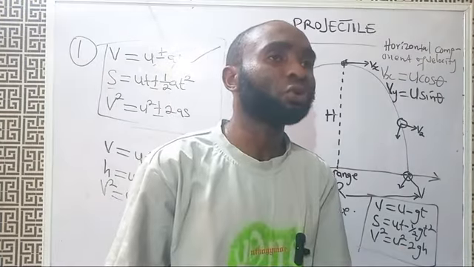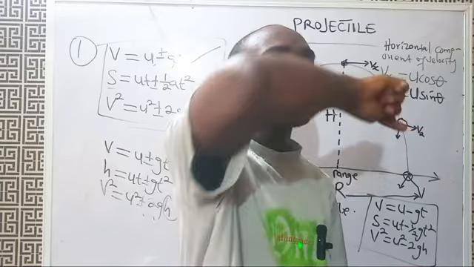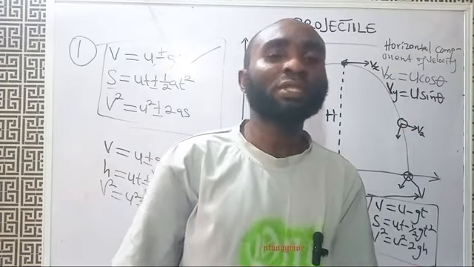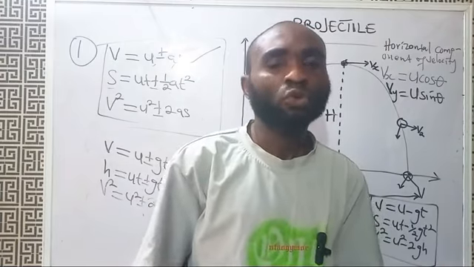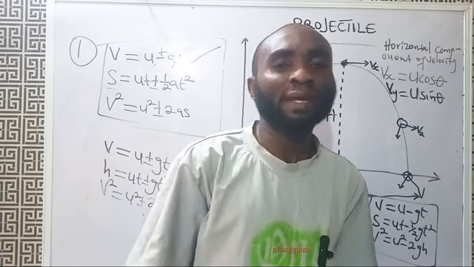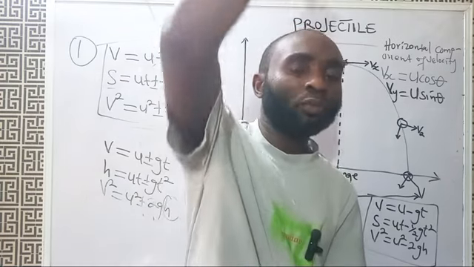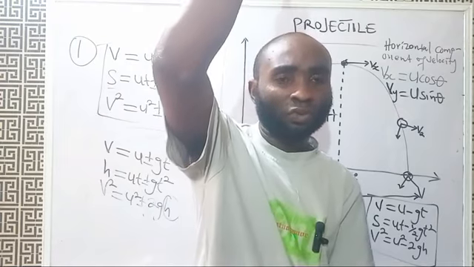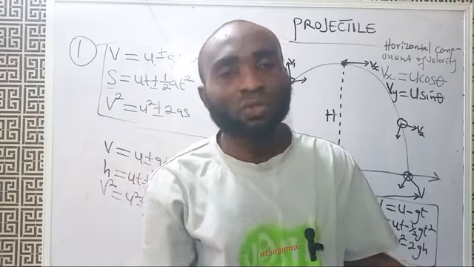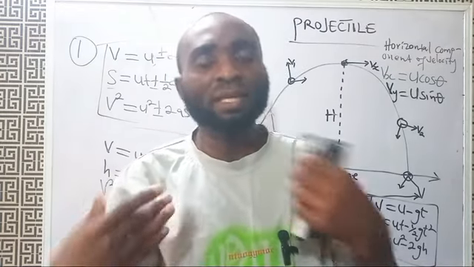But in a situation where the object is coming back, the equations of motion take a positive sign. So keep those things at the back of your mind. When you launch something upward, it is going against the gravitational force, so the equations of motion take a negative sign.